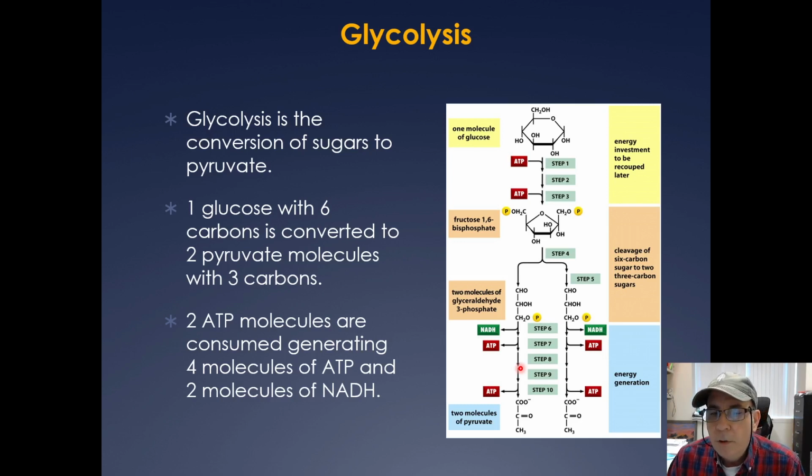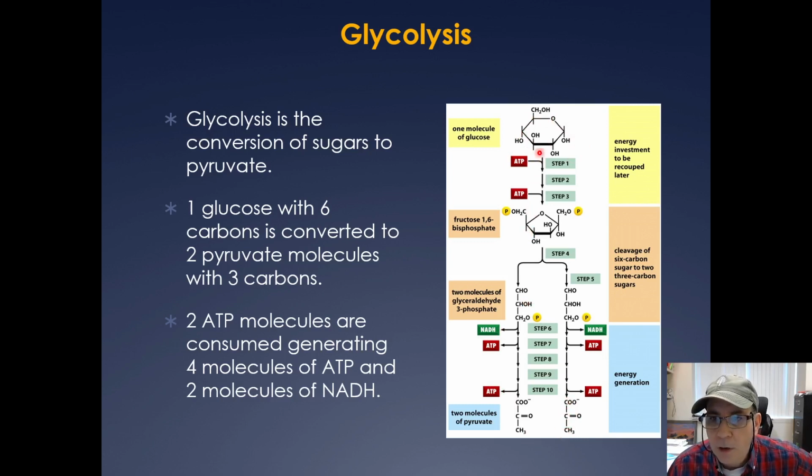Now on to a quick primer with glycolysis. So glycolysis is the conversion of sugars to pyruvate. Here you have one molecule of glucose, which is then converted into 2 molecules of pyruvate. And this is actually part of central metabolism, where you get this one glucose molecule with 6 carbons on it, and it's converted to 2 pyruvate molecules with 3 carbons.